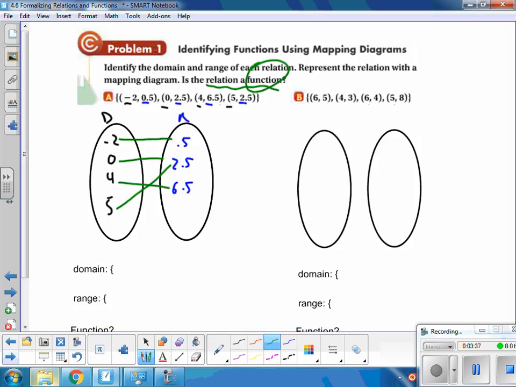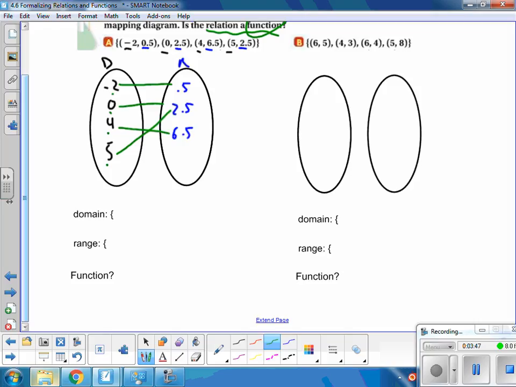When I look at each of my x values, -2, 0, 4, 5, each input has exactly one output. So, is this a function? Yes, it is, because each input has exactly one output. My domain is -2, 0, 4, 5. My range is 0.5, 2.5, 6.5.